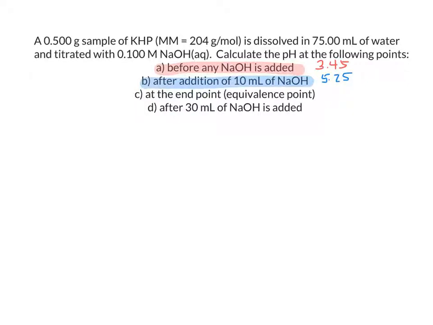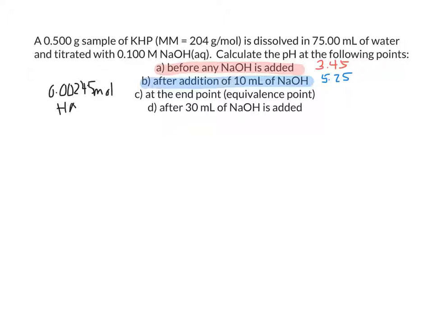For this next calculation, we know that we have added the amount of sodium hydroxide that is exactly equivalent to the amount of weak acid that we started with. And so we're probably going to want to know what that amount is. Remember that we started with 0.00245 moles of the weak acid KHP.